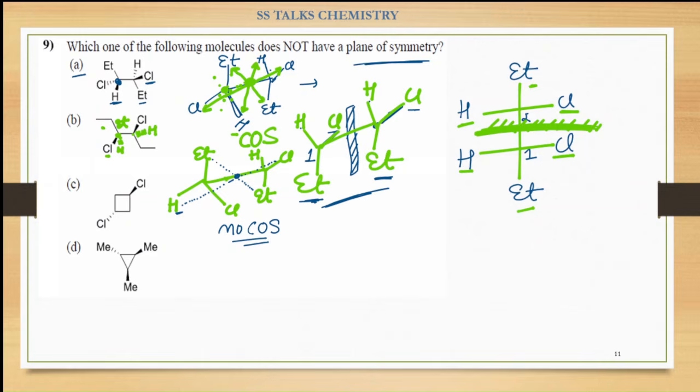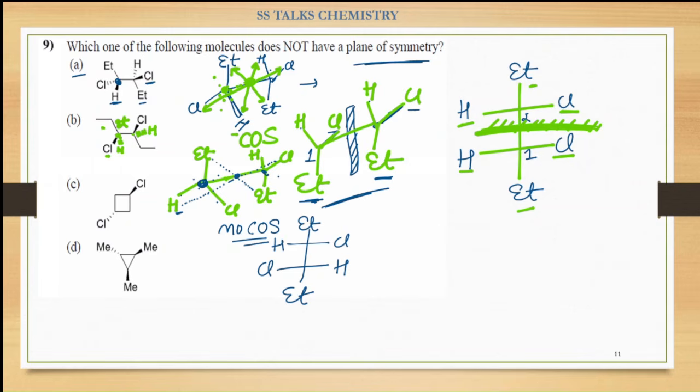You can even convert it into the Fischer projection to cross check your answer. The first carbon atom, which I am taking, we want into the eclipsed conformation. So again a 180 degrees inversion you can do. After that you will see the ethyl group coming over here, hydrogen over here, and Cl over here. In the other case, the second molecule is already present in the erect Y conformation, so that one only I am using.